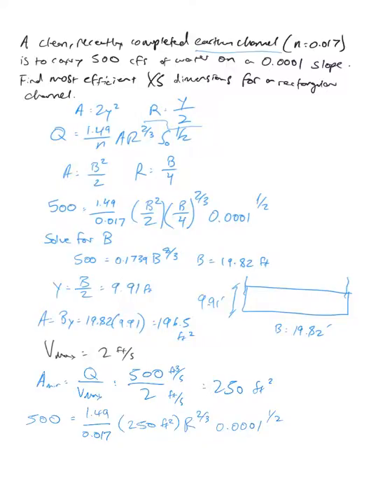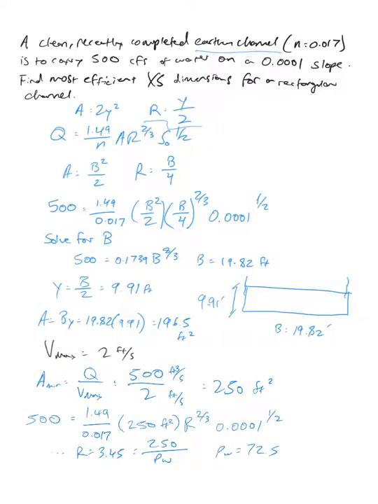And now I just have to calculate what R is, and since R is the area over the wetted perimeter, and I know the area, that'll give me the wetted perimeter. And so if I do all that, I wind up with R equals 3.45, which is area over wetted perimeter. I can solve for the wetted perimeter, which is 72.5.